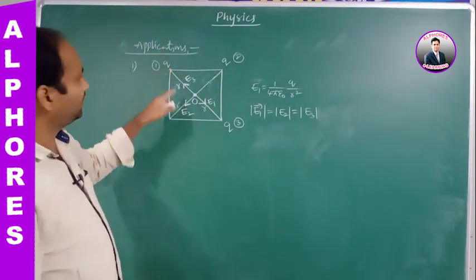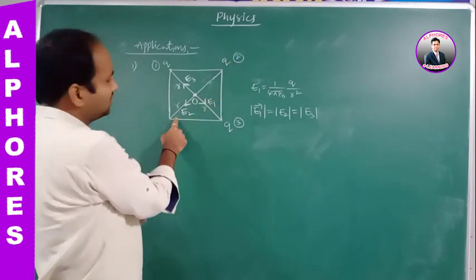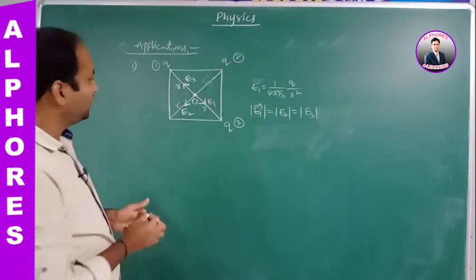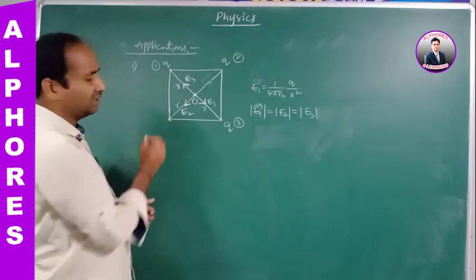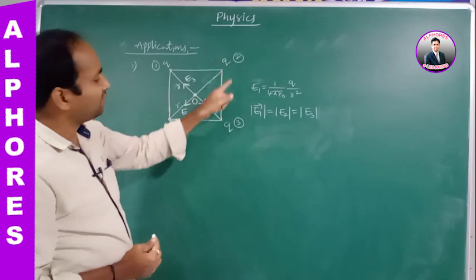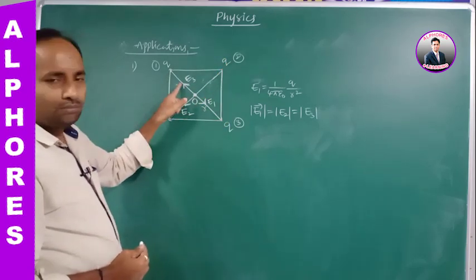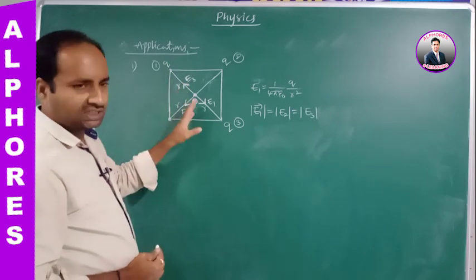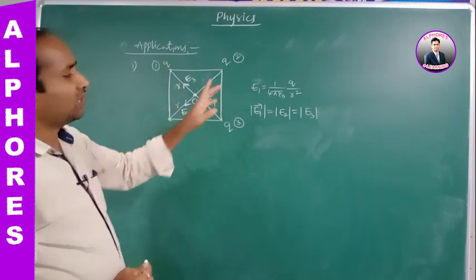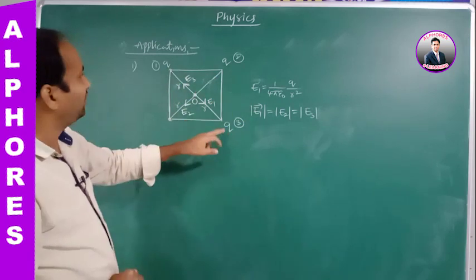E1 is outwards, E2 is outwards, E3 is also outwards. But there is no charge here at the fourth corner. Now, the magnitudes of intensity of electric field by these three charges remain the same, but with different directions, and the fourth corner is empty here.